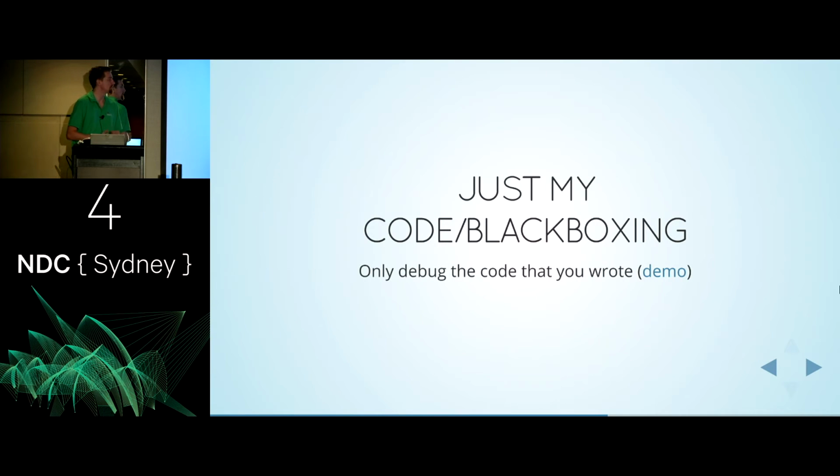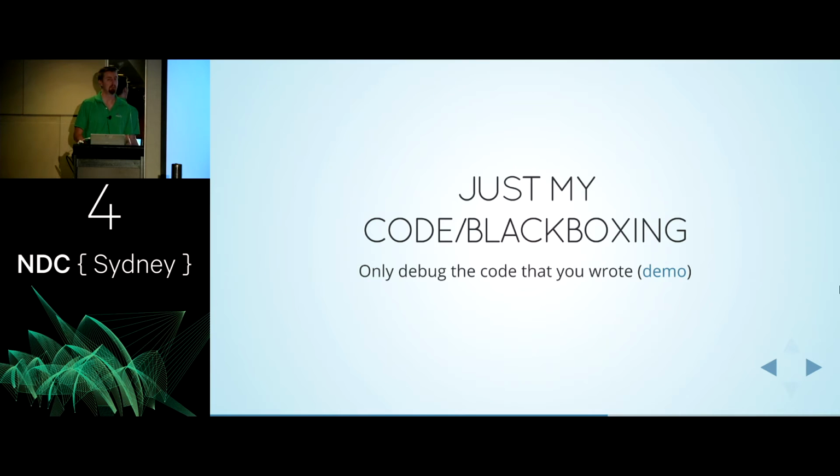Just my code or black boxing, depending on which browser dev tools you're working with, they're the same thing. If you're from a .NET background, you're probably familiar with the concept of just my code in Visual Studio. Essentially, this gives us the ability to ignore particular script files inside of our application that we don't want to debug into.